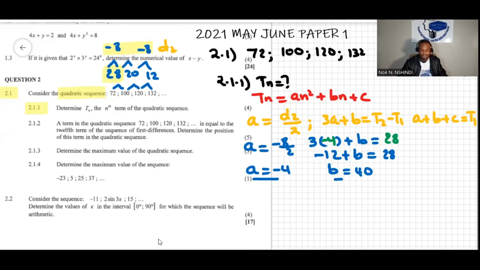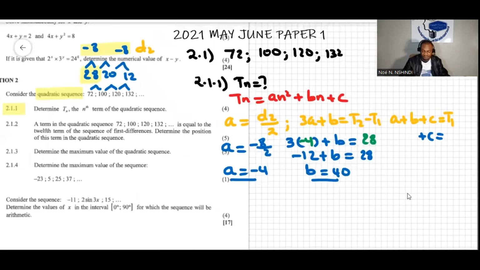Okay, we have A, we have B. Now we can also work out C, because we know the values of A and B. We will substitute those values over here. So A is -4, and B is 40, I meant 40.